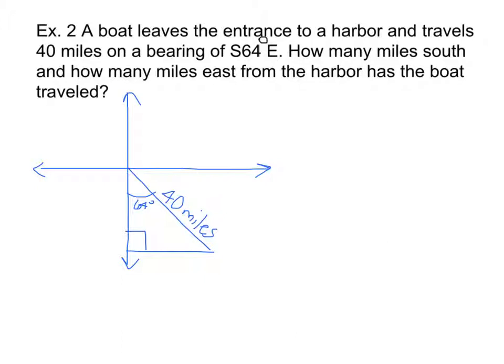So this is east. So I guess we can use A. This is south and this is B. And so to find A, that's opposite over hypotenuse, that's sine. And to find B, that's adjacent over hypotenuse, and that's cosine.